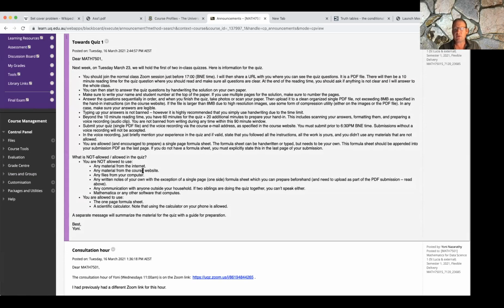You will not use a course website. You will not use files from the computer. You won't use any written notes. Basically, you just have the formula sheet and a scientific calculator. And if you don't have a hard calculator, you can use your phone calculator. That's fine, in scientific mode.